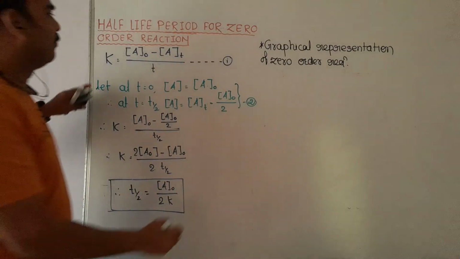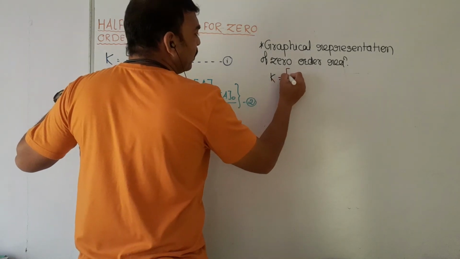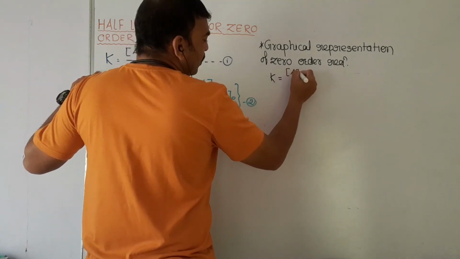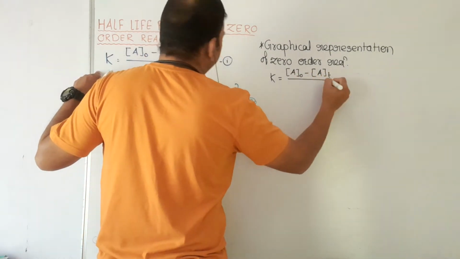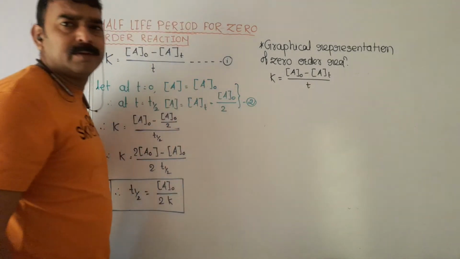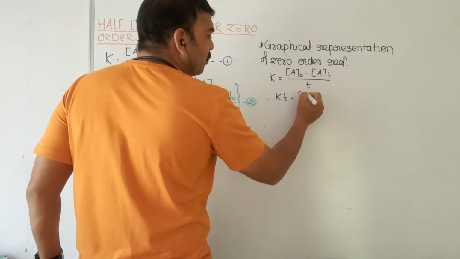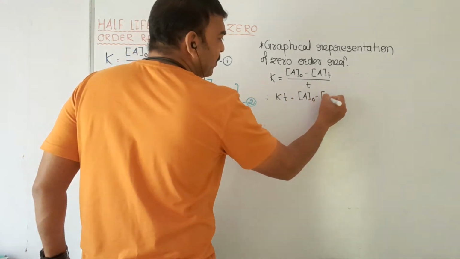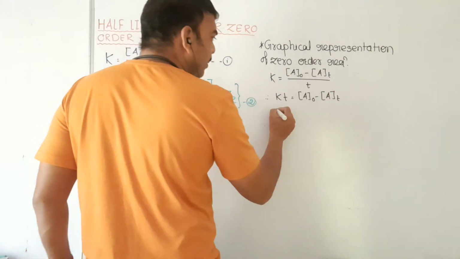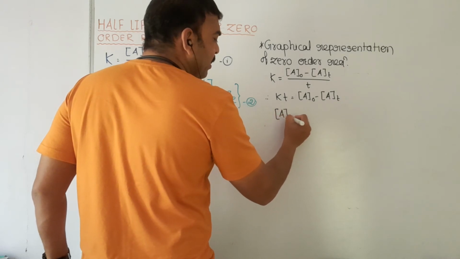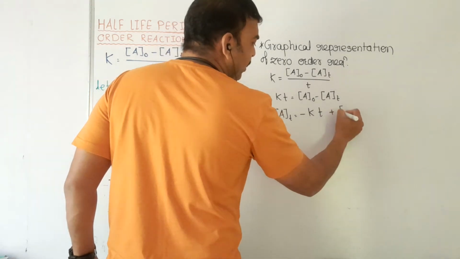Now, we know that integrated rate law is k equals A0 minus At divided by t. That can be written as kt equals A0 minus At. That can be written as At equals minus k into t plus A0.